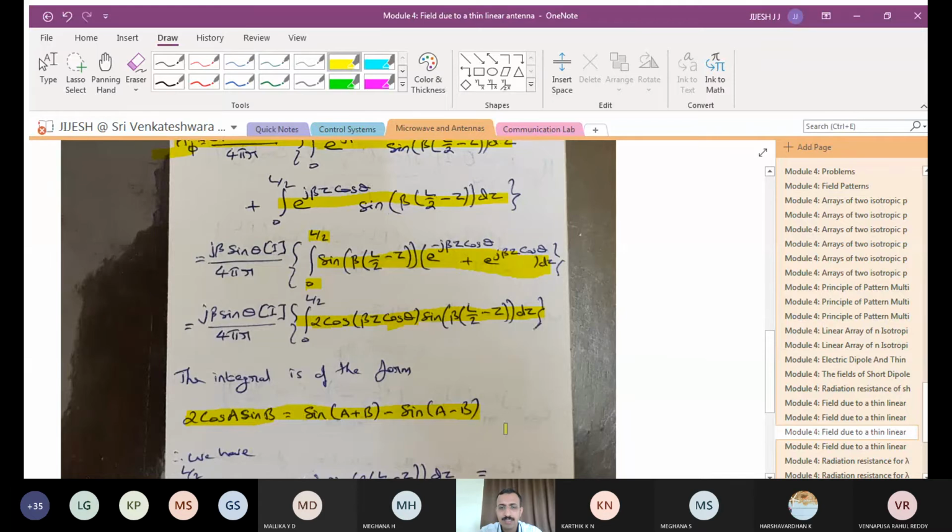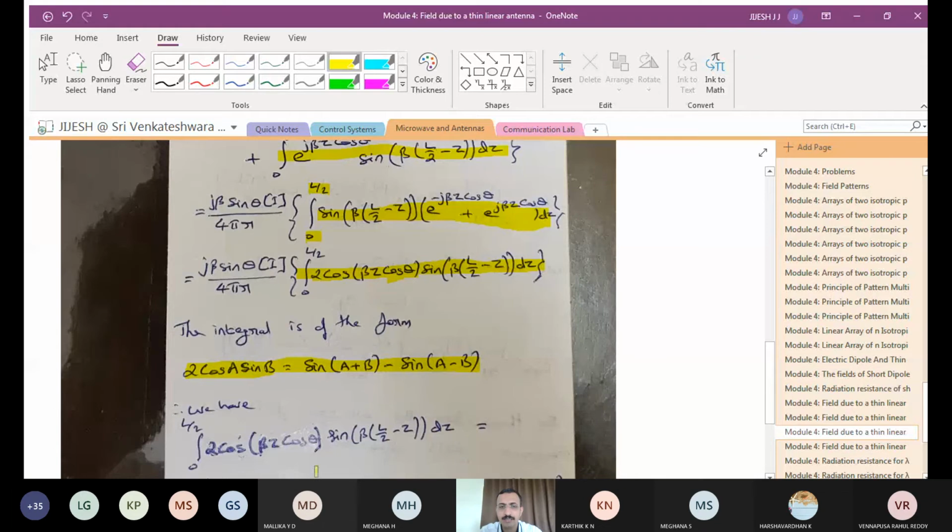So let me take that portion, the integral of 0 to L by 2 of 2 cos of beta z cos theta, sine of beta L by 2 minus z, dz. I have just taken the same term. Now let me use this trigonometric relationship, 2 cos A sin B, which is sin A plus B minus sin A minus B.